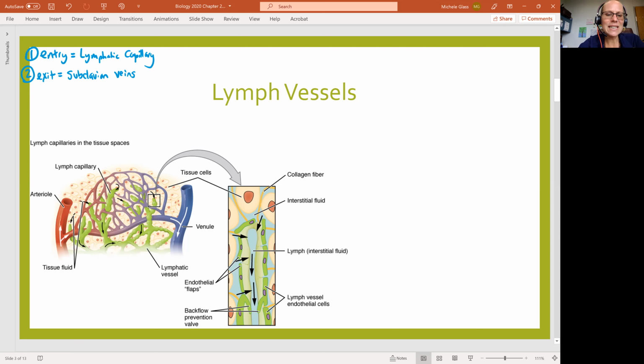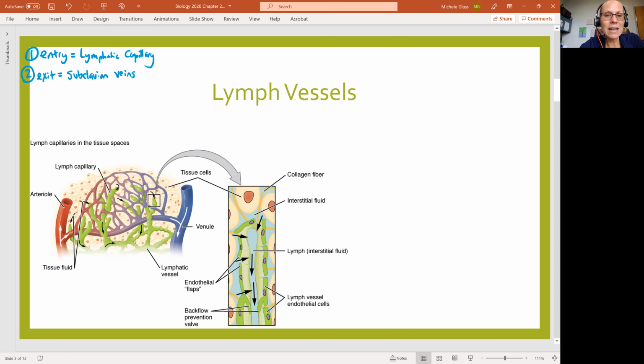Alrighty, so let's take a look at this diagram from our OpenStax textbook, which remember is linked in your video description. We're seeing a familiar structure, hopefully. We can see the arteriole, which leads to the blood capillary, which leads to the venule, in context with the tissue of the body.